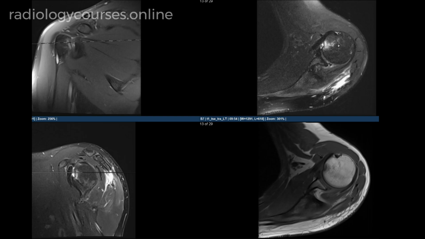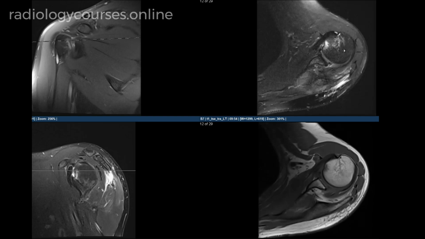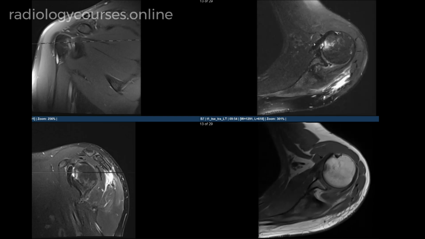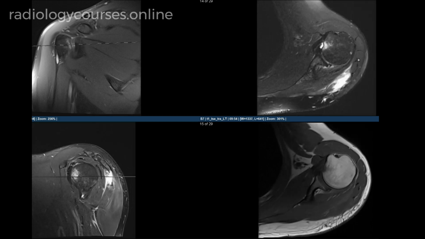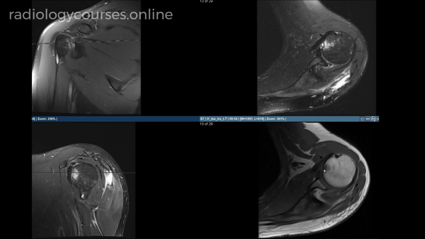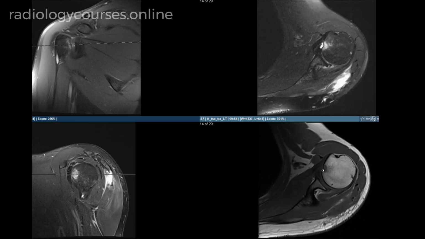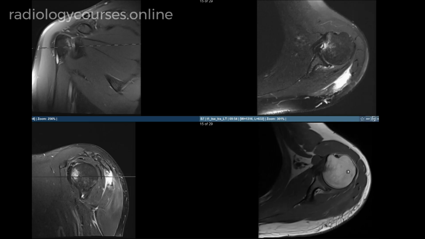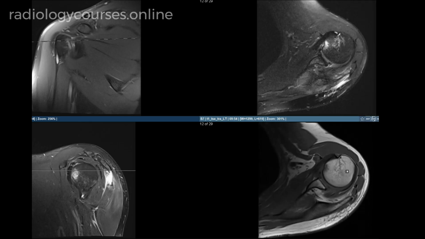There is ill-defined abnormal bone marrow signal in the anteromedial aspect of the humeral head, and if we look carefully on the axial T1, the abnormal bone marrow signal is more in the subcortical region, and as we go to the inside of the humeral head, it reduces.